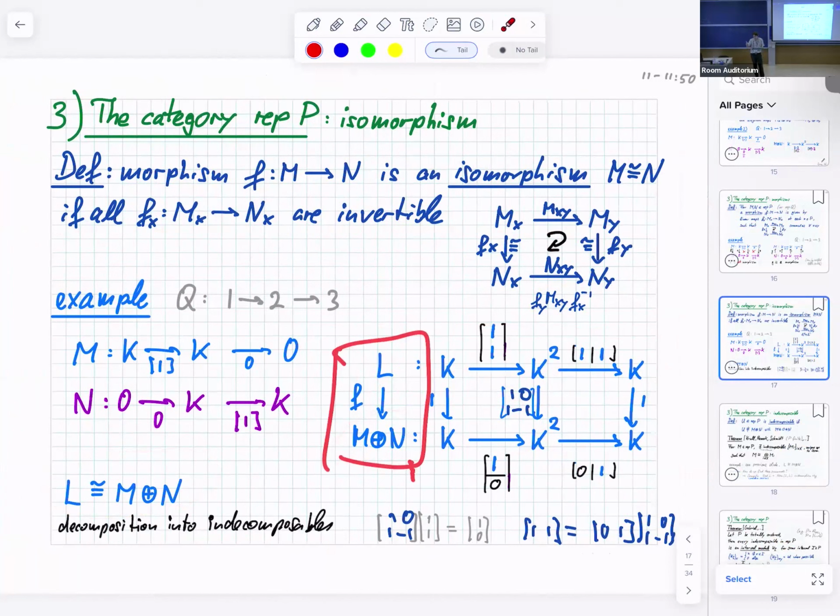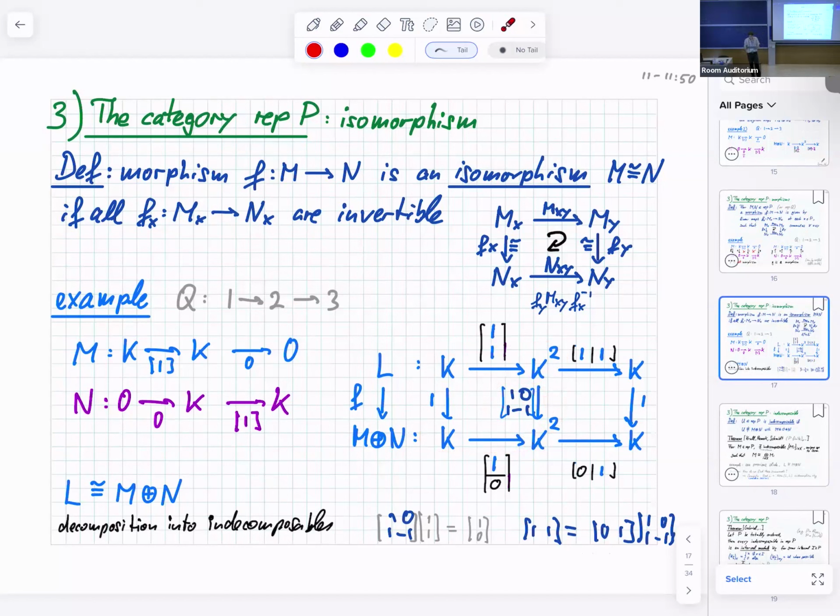I mean, the calculation which you did, you can give it to a computer. In general, you look for an isomorphism. This is given by invertible matrices. They are given by some coefficients, and the coefficients need to satisfy some linear equations. So this boils down to a problem of linear algebra. Given two modules, find a morphism, find an isomorphism. This is a question of linear algebra.